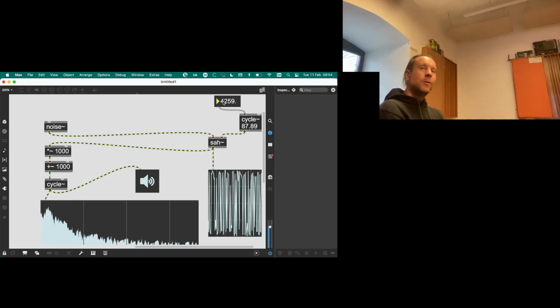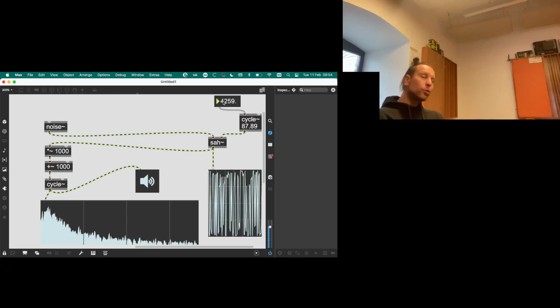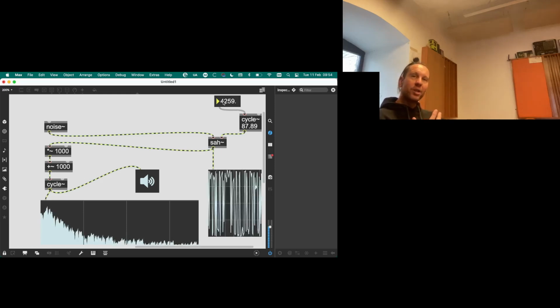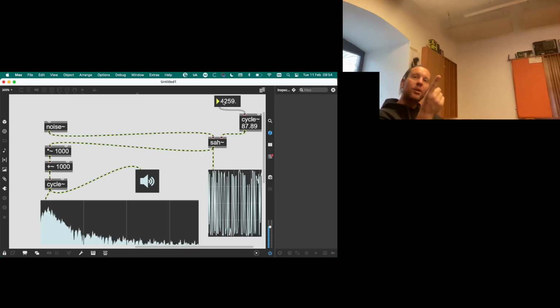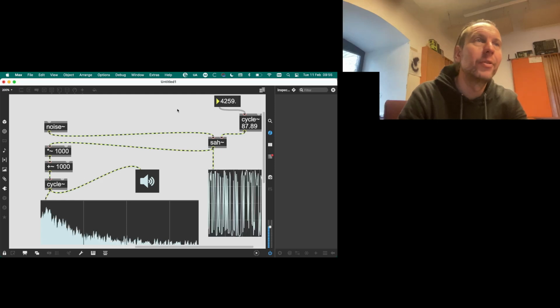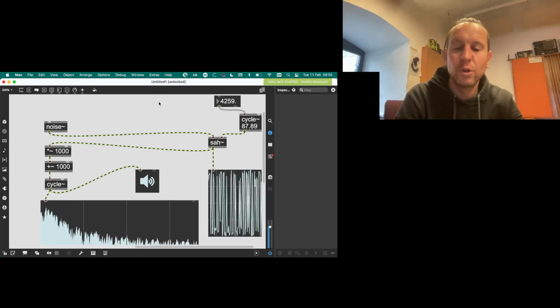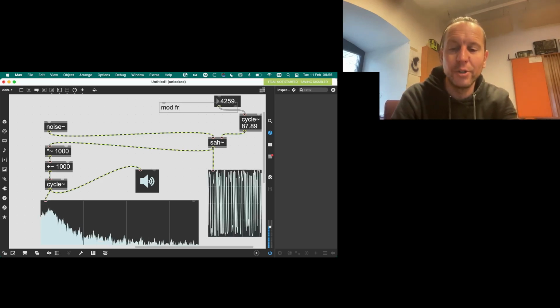Okay? So I will show you the standard user parameters for an FM synth. Because here, actually, what we would have are the following parameters. I will call this the modulation frequency.